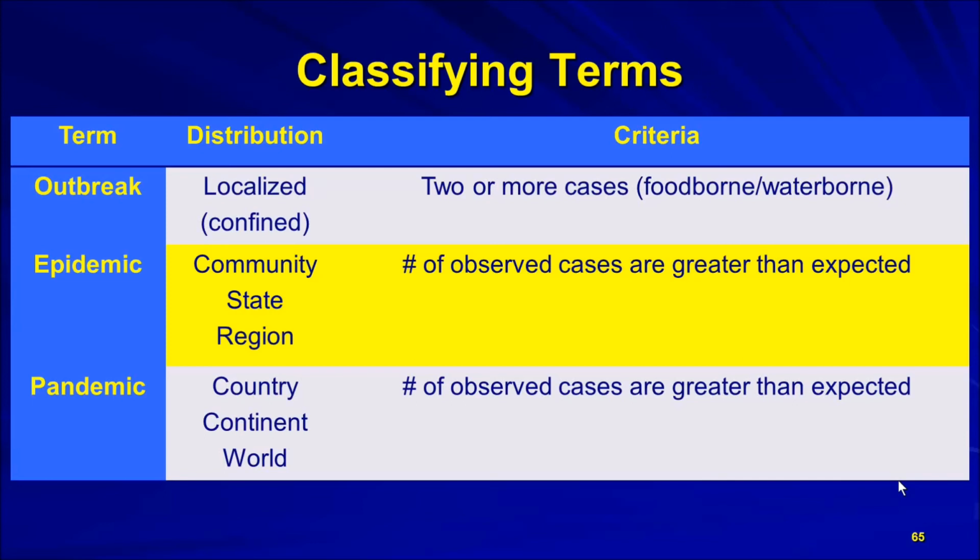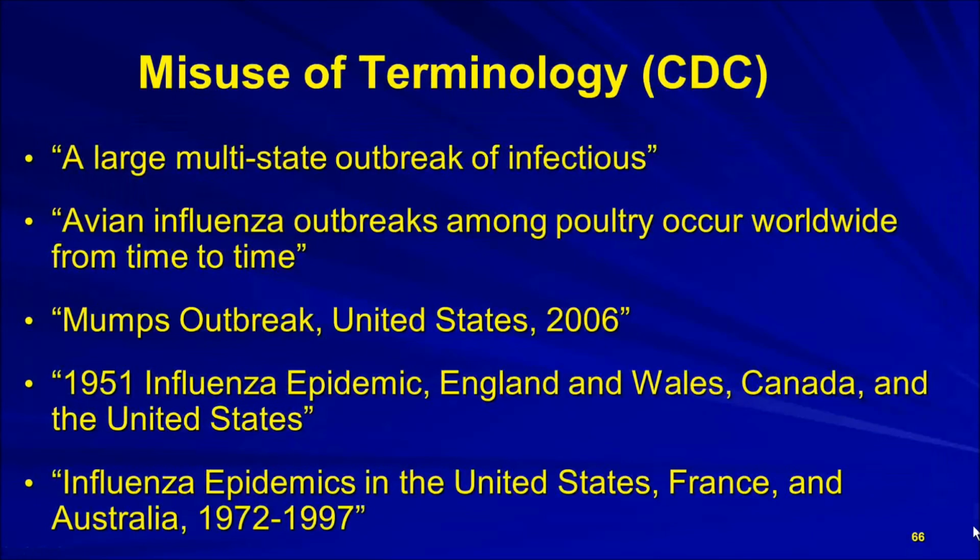And epidemic, you have a community, a state, a region, and the number of observed cases are greater than expected. The pandemic is the same thing, but the geographic area changes, and you can see we're under all of the word distribution. In each case, we're looking at different distributions. Okay, so we really just are looking at this first word in the definition of epidemiology.